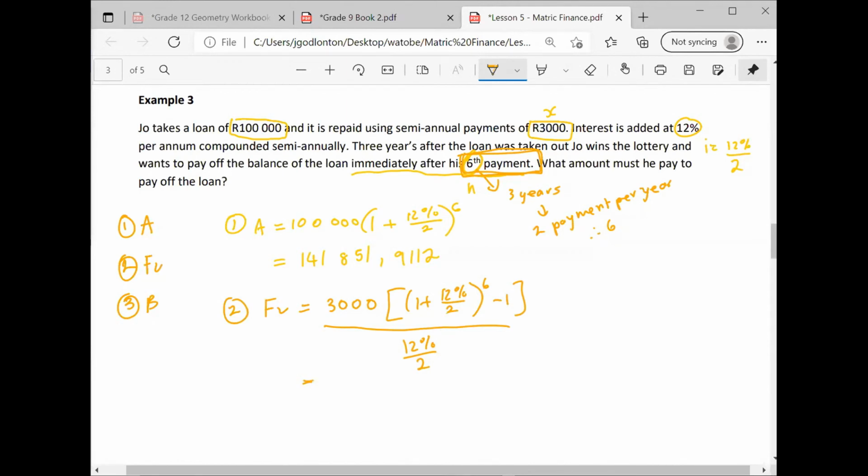3,000, open bracket, 1 plus fraction, 12% over 2, close bracket to the power of 6, minus 1, close bracket, over fraction, 12% over 2. I said over 12, over 2. There we go. Okay, and here I get 20,925, whoop.